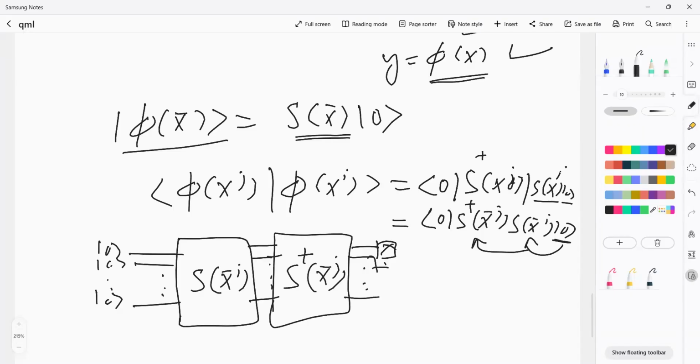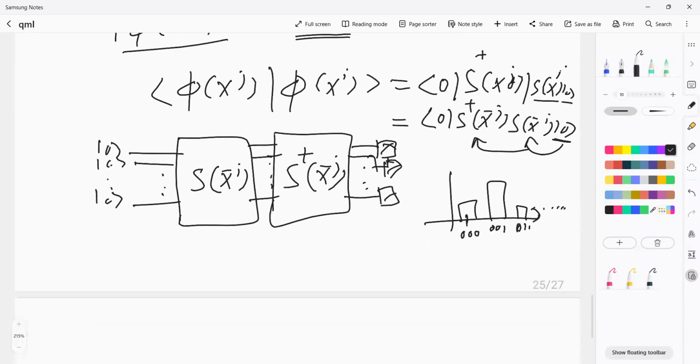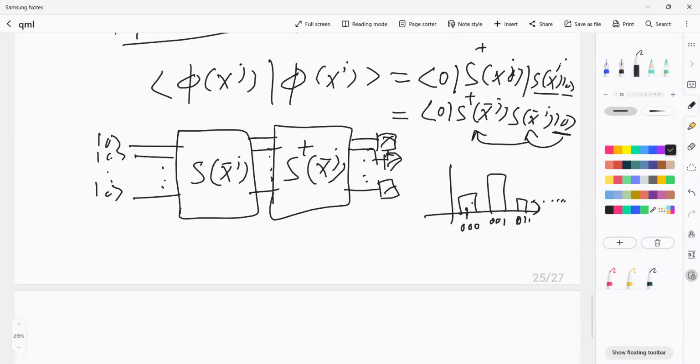And of course, when I do a z measurement, I get a bar chart like this, and there might be other terms. All I do is take how many times I got the 0, and I compute the probability of 0 by dividing this number by the total number.